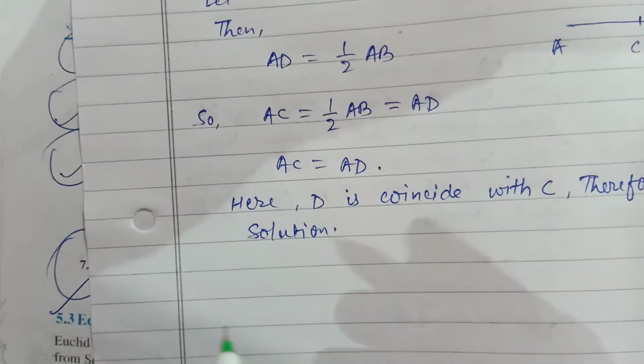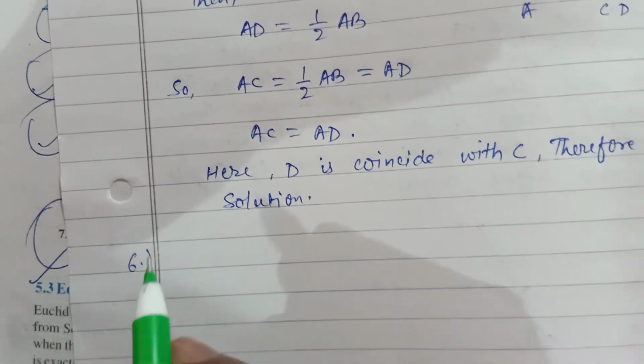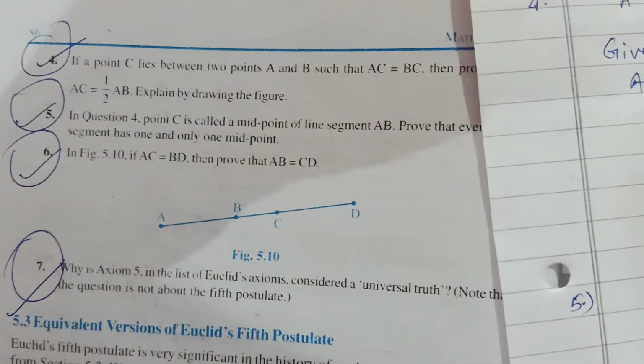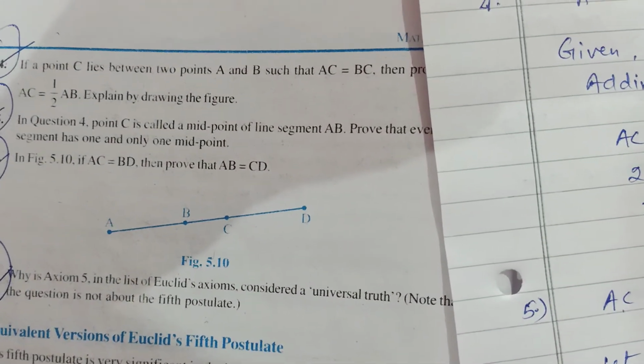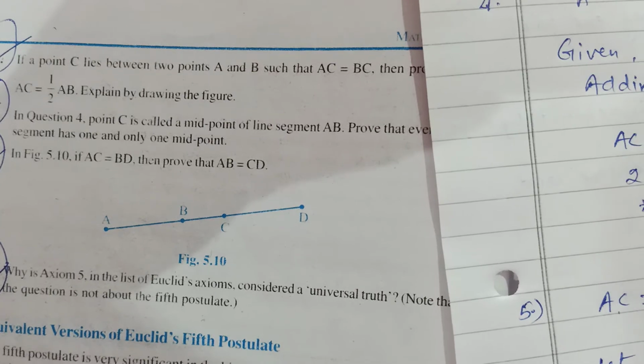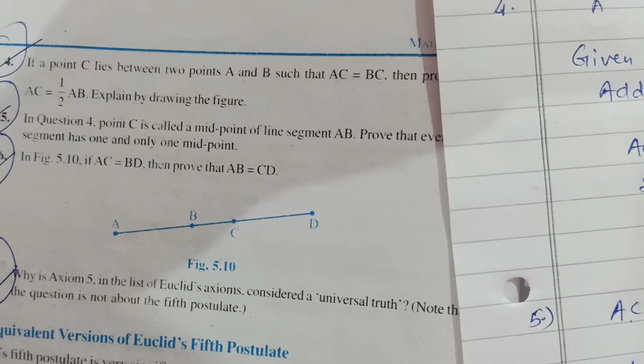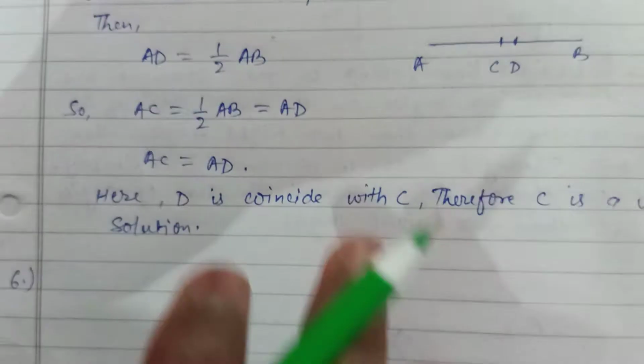Okay, now we go to question number 6. Question number 6: in figure 5.10, if AC equals BD, then prove that AB equals CD.